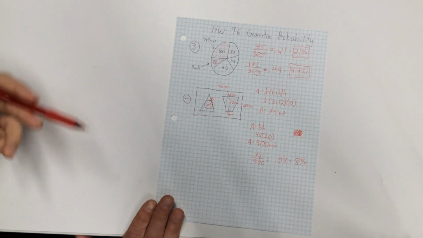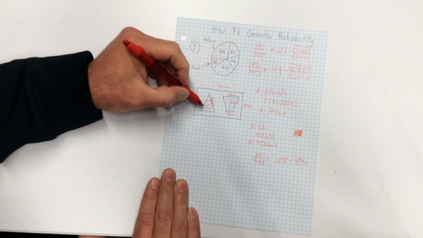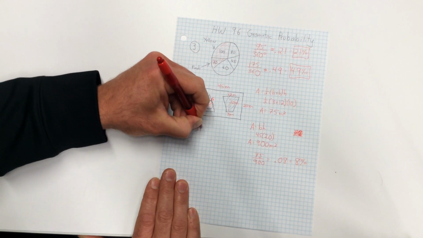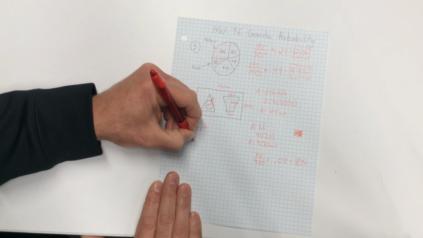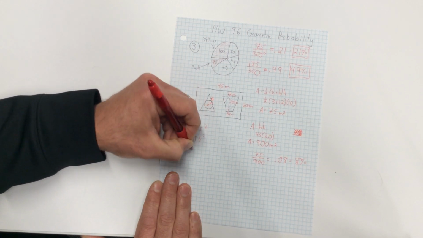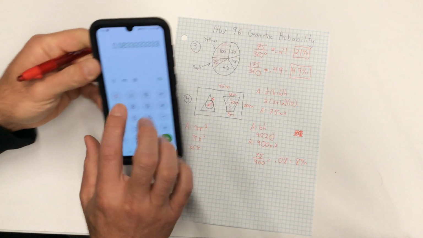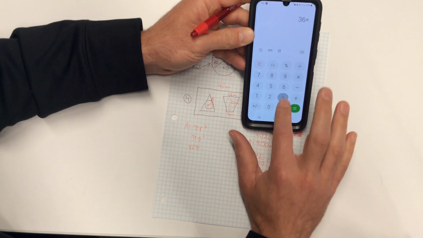So now we need to compare that to the circle to know which is more likely. So let's do the circle now. The circle, area of a circle is, very good, pi r squared. Our r is 6, so that is pi 6 squared, or 36 pi. And I can quickly calculate that. 36 times 3.14.